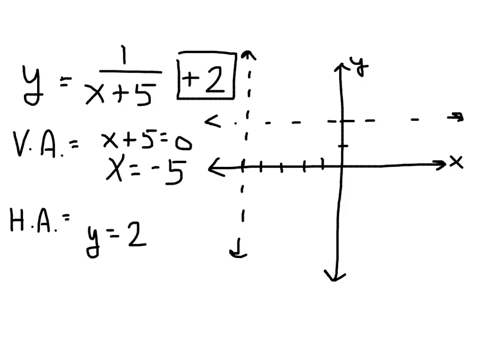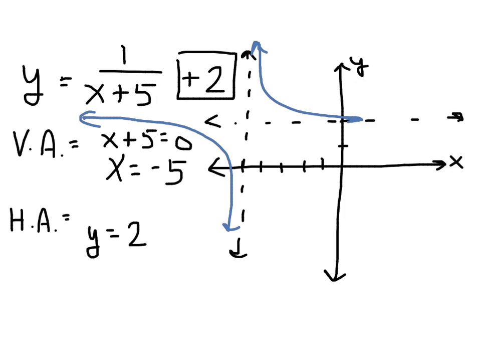Will the graph look the same as what Savannah described to me in the last one? What I mean by that is, does it turn the same way? The only difference is I just moved it over, right?